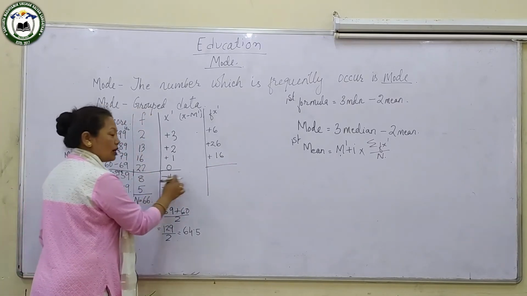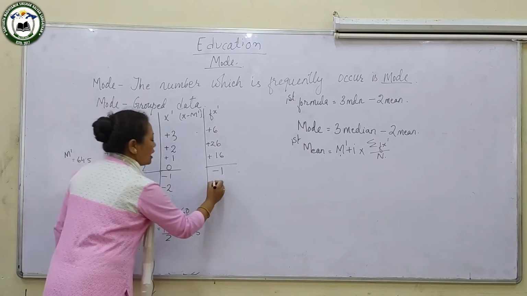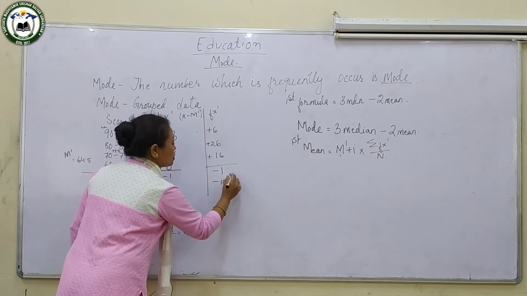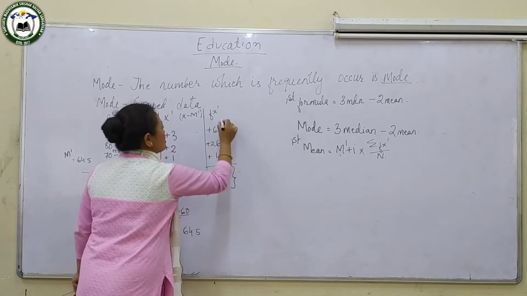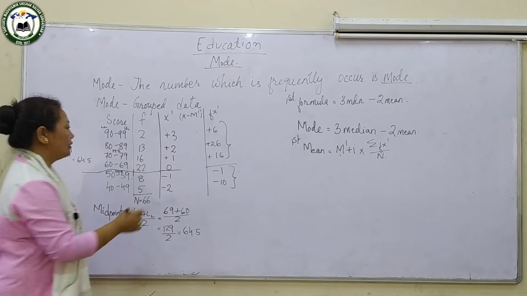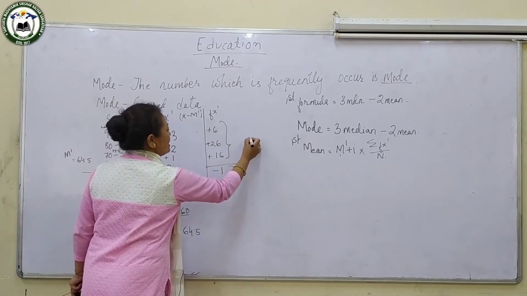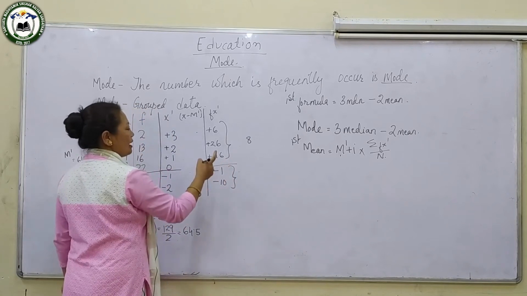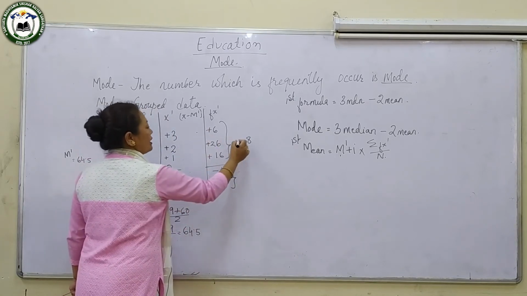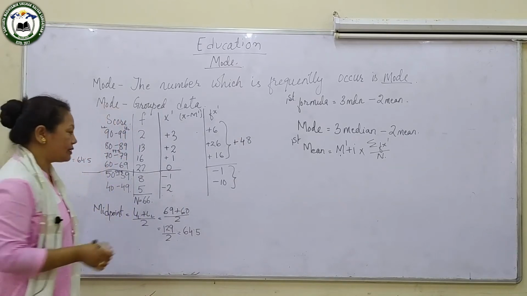So 8 into 1 is minus 8 and 5 into 2 is minus 10. So you add those numbers with the similar sign. So 6, 6, 12 and 6, 18, 8 and 1 left, 2, 3 and 1 is 4. So this is plus 48.